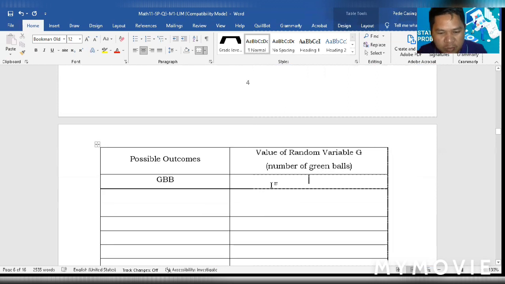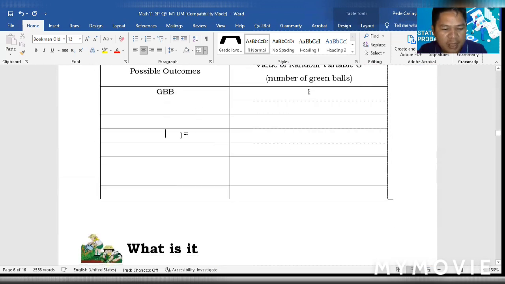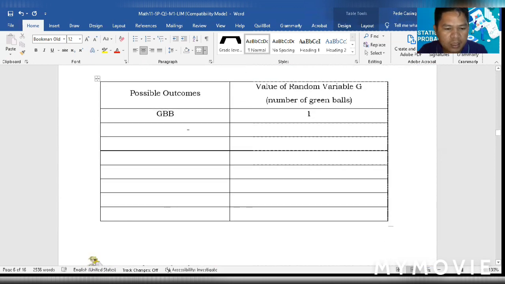Then count the number of green balls, only 1, so we write 1. You can complete the possible outcomes for your table.